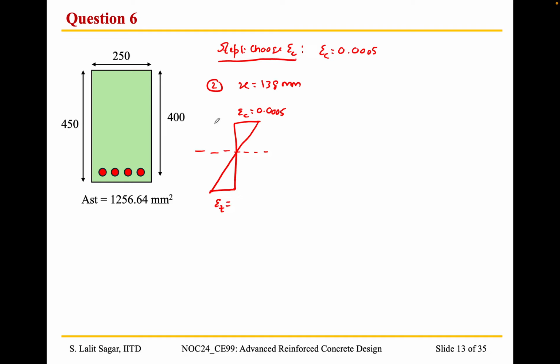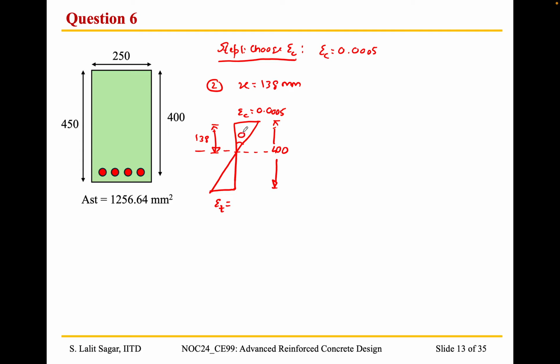Okay, and the value of x is 138 and the overall depth is 400 mm, right?